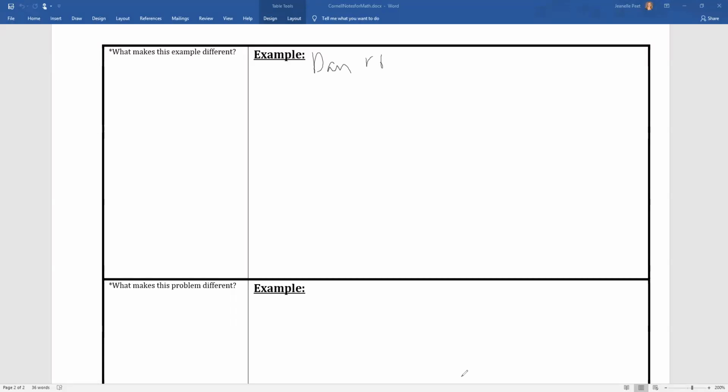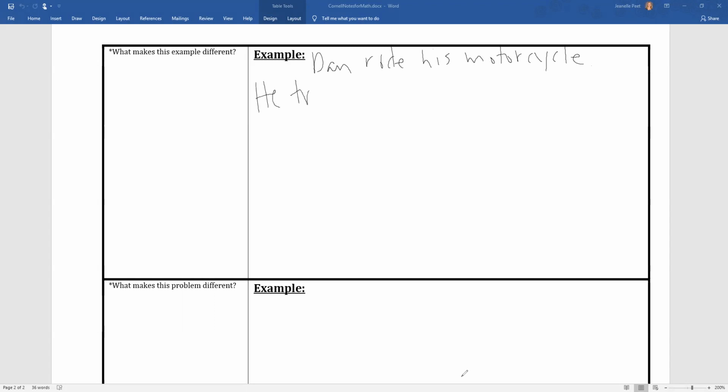Dan rode his motorcycle on an interstate trip. We don't really need all that information.